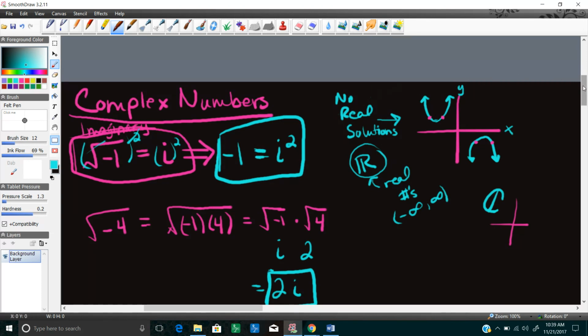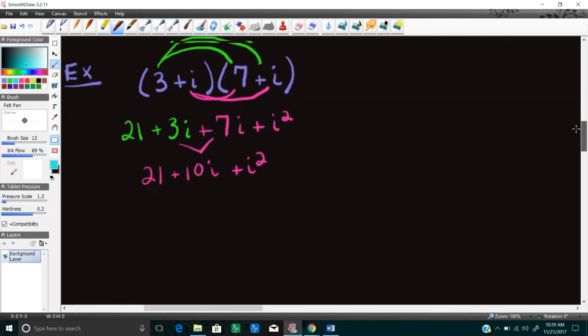So let me go ahead and go down. I didn't erase it, that's okay. And I have an I squared right here. So according to my little formula, -1 is equal to I squared. So now I have 21 plus 10I minus 1, because this I squared, again, is the same as -1.